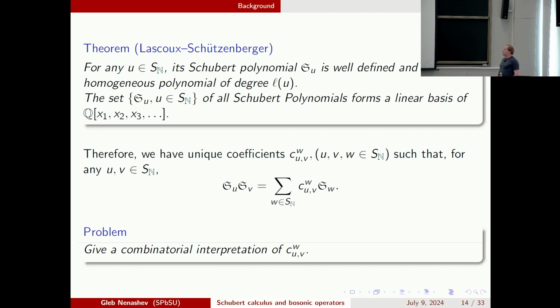There is some interpretation as an intersection of some stuff. You can guess that it's 3-point Gromov-Witten invariants, but it's not really good because we have an interpretation, but you cannot compute the structure constants with it, because you need to solve something, and it's impossible.